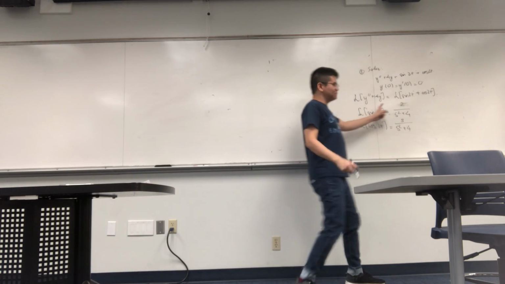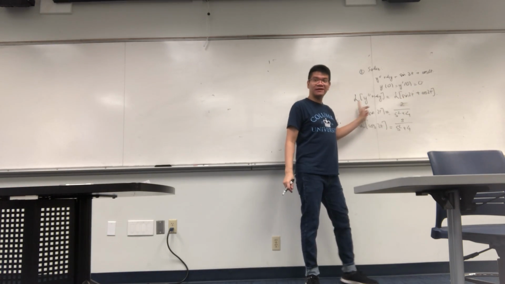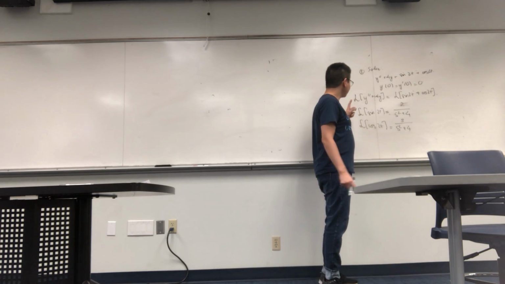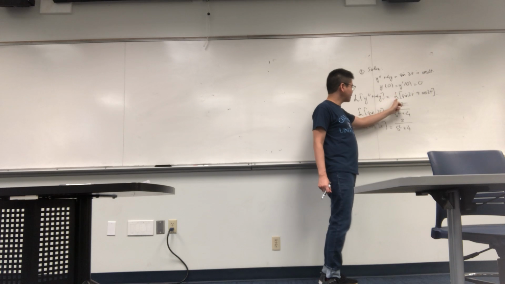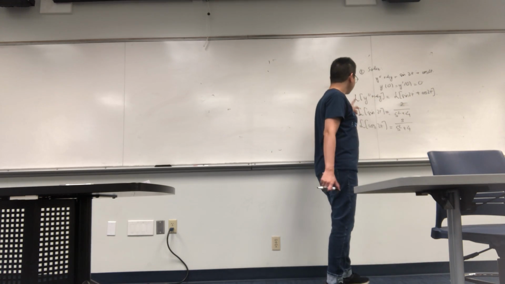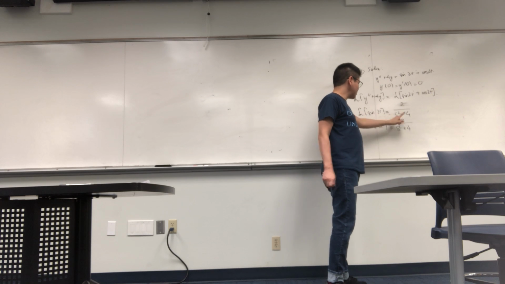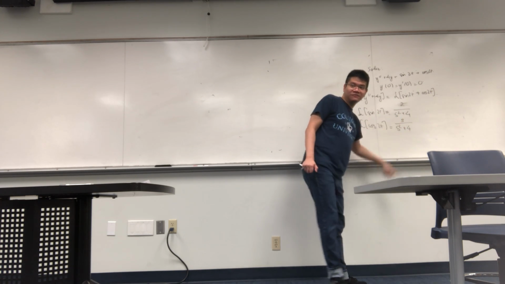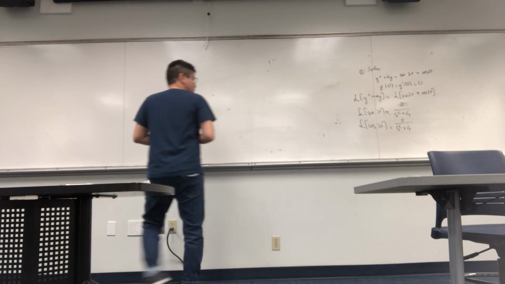So I explain again. The first step is to take the Laplace transform of both sides of the equation. You take the Laplace transform of y double prime plus 4y, and then you take the Laplace transform of sine 2t plus cosine 2t. The Laplace transform of sine 2t will be 2 over s squared plus 4, and the Laplace transform of cosine 2t will be s over s squared plus 4, right?